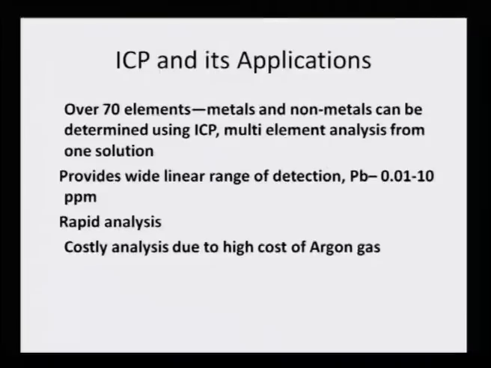It was more time consuming, but there are always advantages and limitations. It provides a wider linear range of detection. That means for lead, for example, from 0.1 to 10 ppm, that is the kind of range it has. The analysis is very rapid, but it is costly due to the high cost of argon gas, because the argon gas is the one which creates the plasma or the flame in this particular machine.